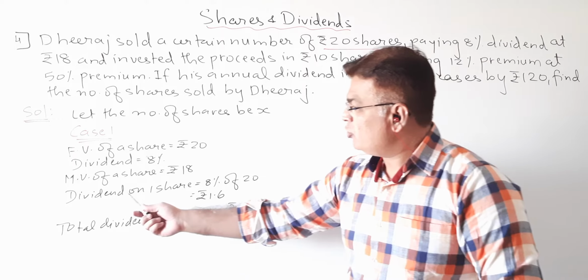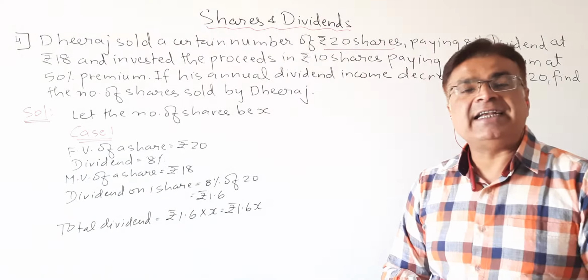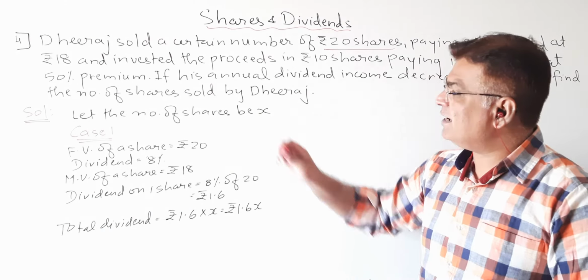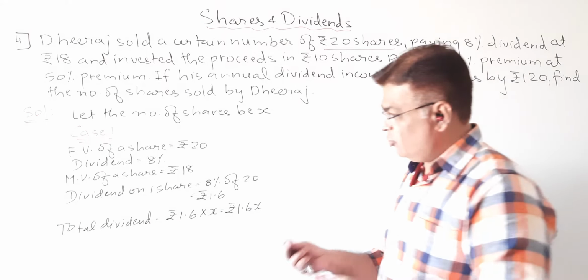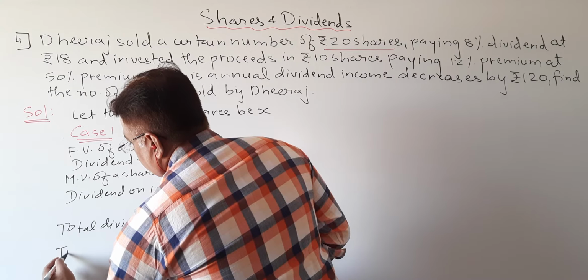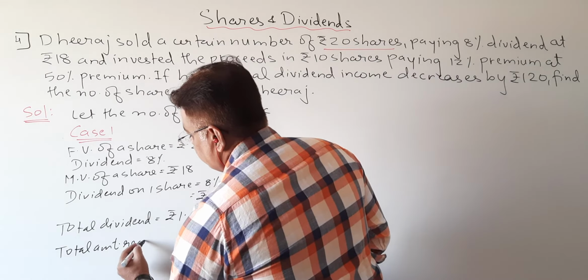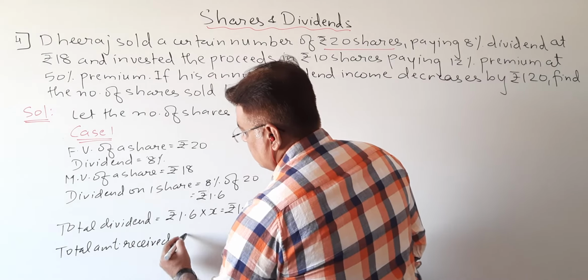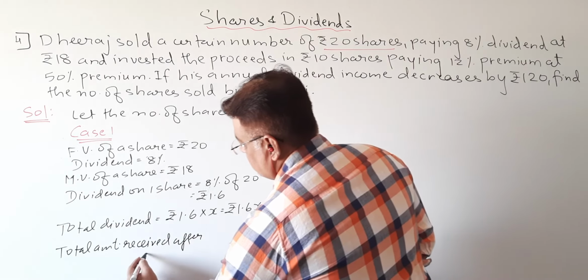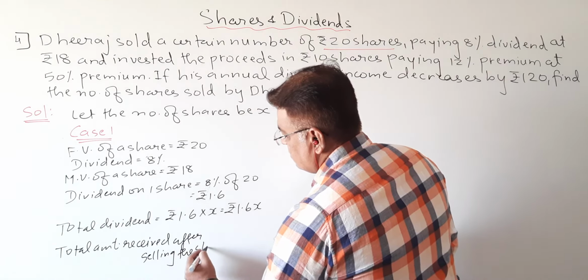Okay. So the dividend, and what is the market value of one share? 18 rupees. So what will be the market value of X shares, or we can say the total amount received after selling the shares.